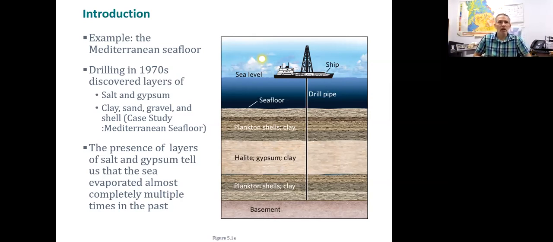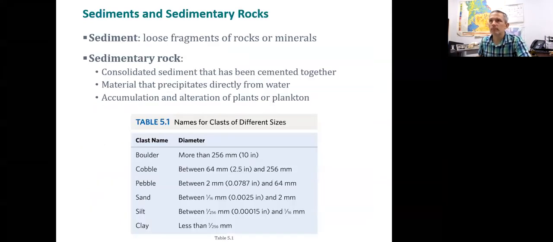Then we're going to see some halite or gypsum and clay. Halite and gypsum formed in a very different environment than beneath the ocean. They formed as an ocean bed was drying out. And then we see some more plankton shells, and then we finally see what your book calls the basement, and we'll see that this is the craton, the igneous rocks beneath the Earth's surface.